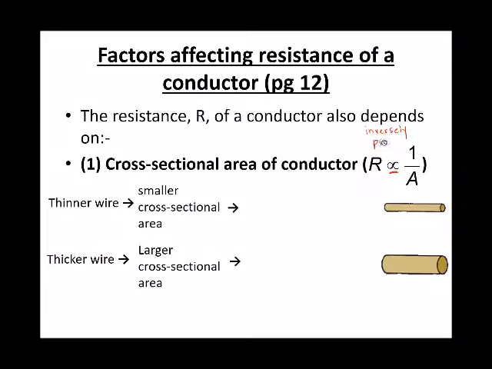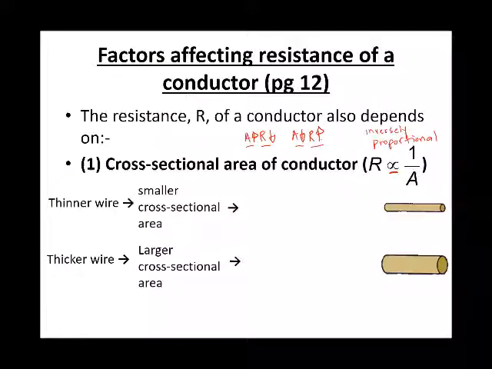Inversely proportional. Alright, what does inversely proportional mean? It means that when the area goes up, resistance comes down. When the area goes down, resistance goes up. Alright, so it means it's the opposite. When this one goes up, this one comes down. When this one goes down, this one goes up. Okay, so it's the opposite.